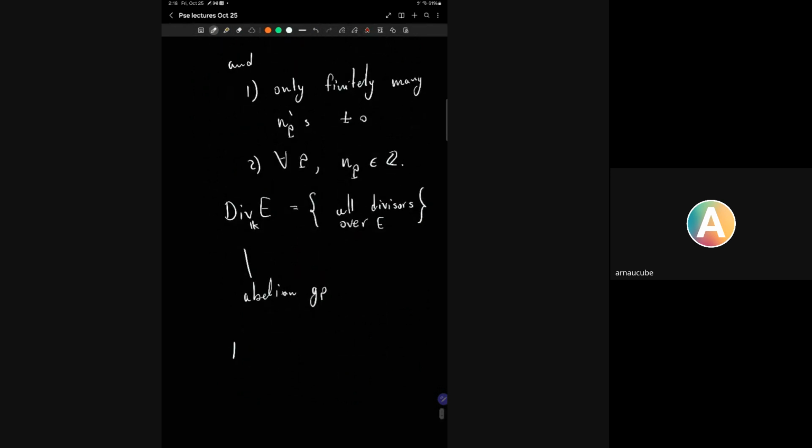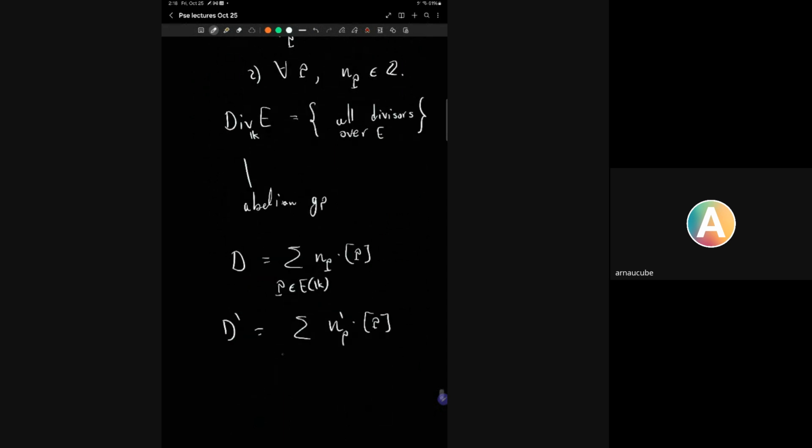Because if I have a formal sum D, the sum of N_P bracket P, and I have D prime, which is the sum of N_P prime bracket P, then I can sum the coefficients.